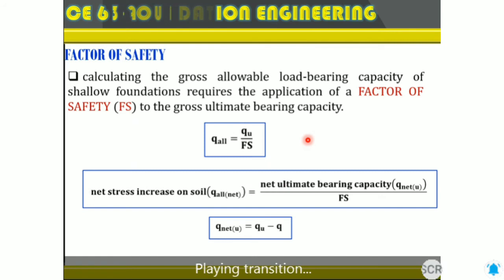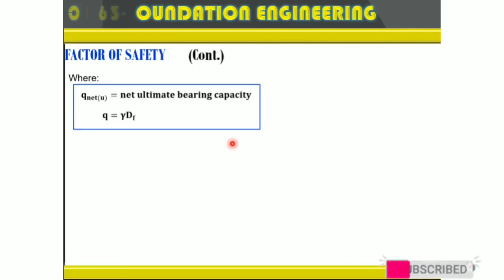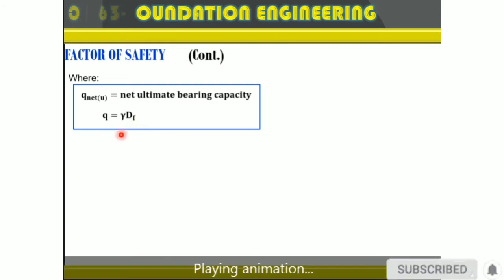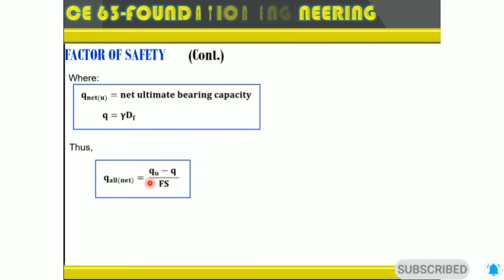So this is the net ultimate bearing capacity, denoted by Q sub net U, and our small q is just the unit weight of the soil times your depth of footing, Df. We can say that your Q allowable net is equal to QU minus small q over the factor of safety.